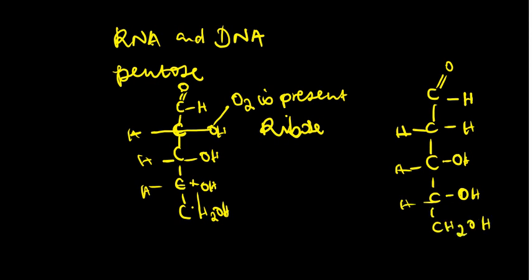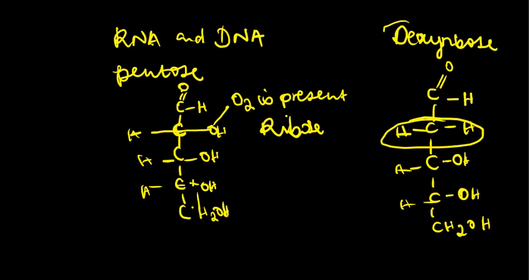So on carbon number 2, we don't have oxygen. Hence, this is why it gets its name, deoxyribose. The deoxy meaning the oxygen group has been removed. That's simply what that means.